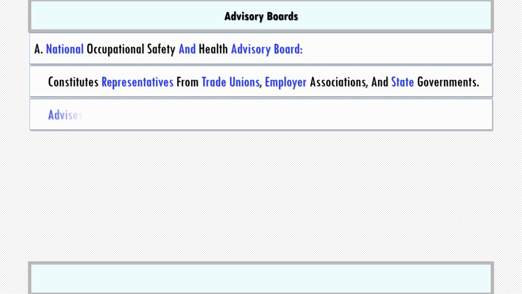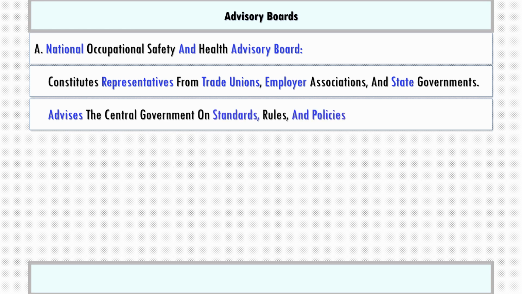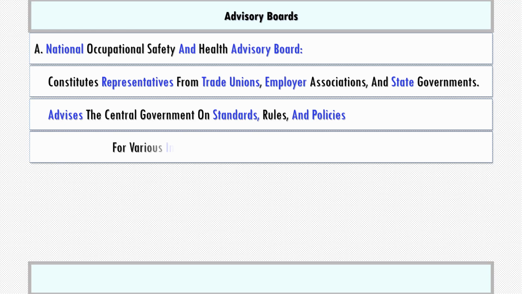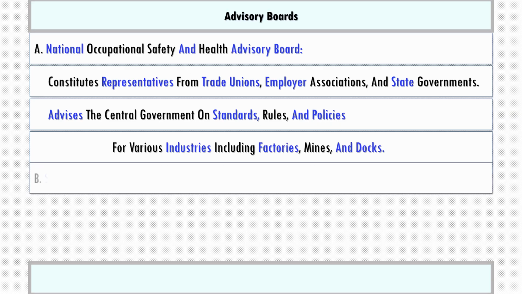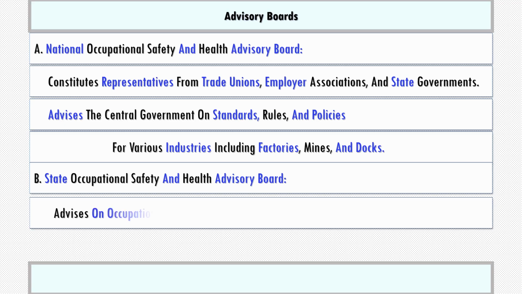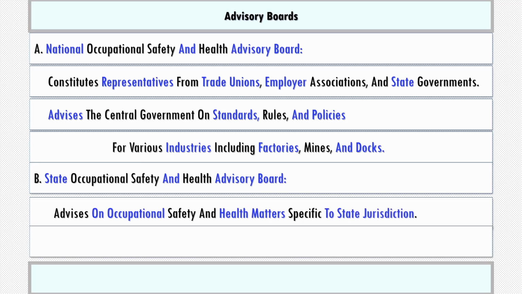It advises the central government on standards, rules, and policies for various industries, including factories, mines, and docks. State Occupational Safety and Health Advisory Board, the state counterpart, advises on occupational safety and health matters specific to the state jurisdiction.